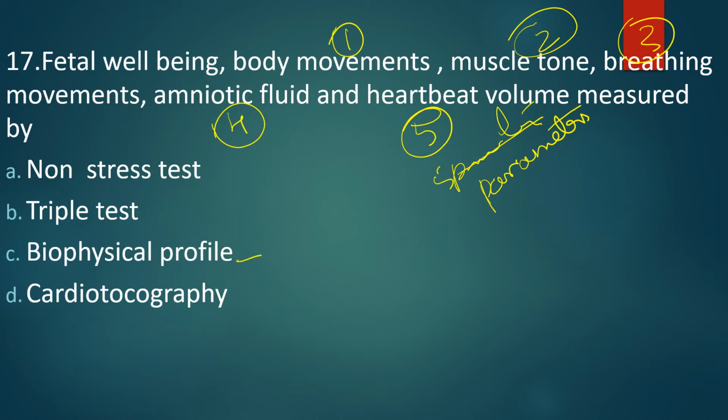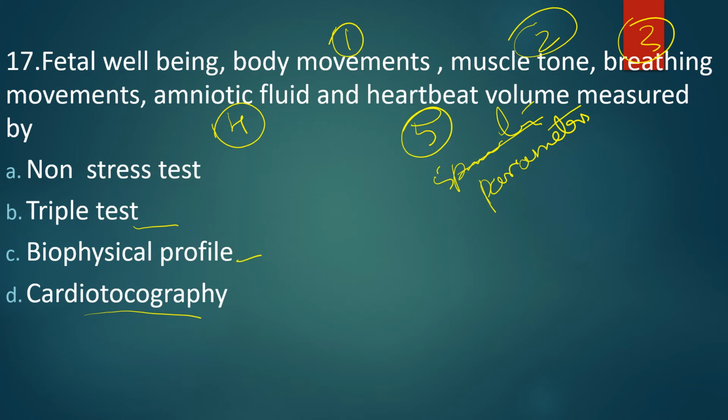B is triple test, which is to detect the possibility of neural tube defect, Down syndrome, and trisomy 18. And next is cardiotocography. Cardiotocography is nothing but to read the heartbeat of the fetus through the ultrasound.